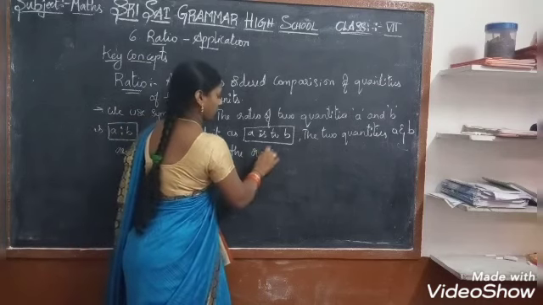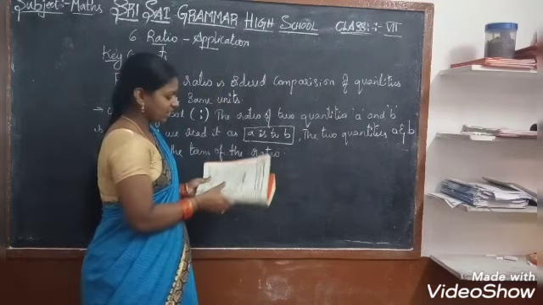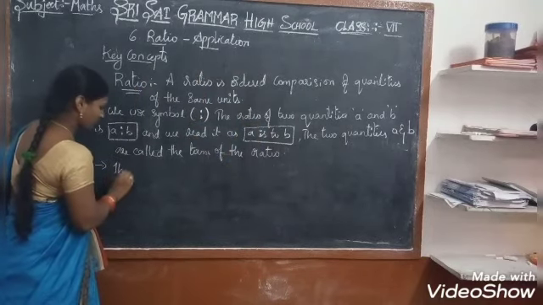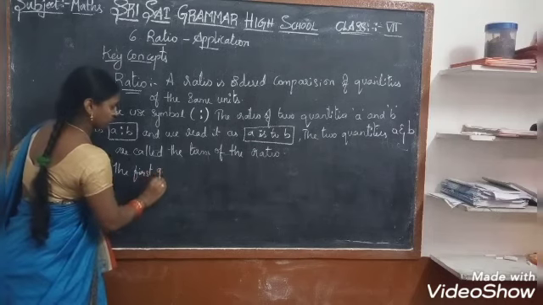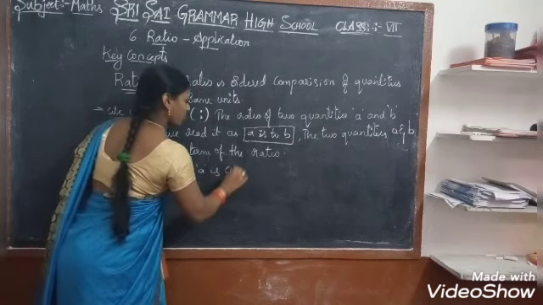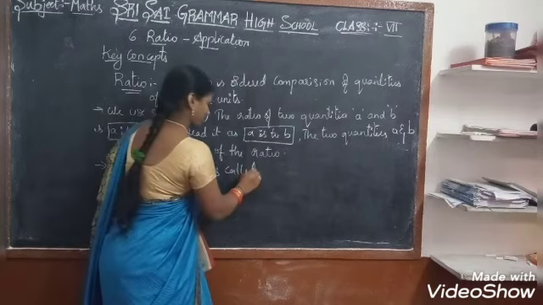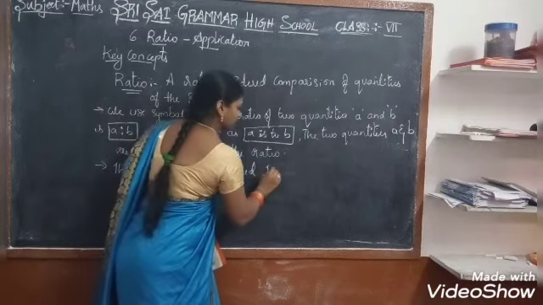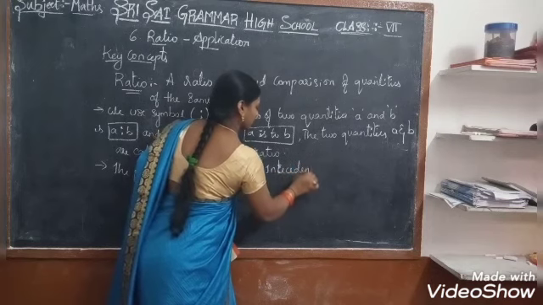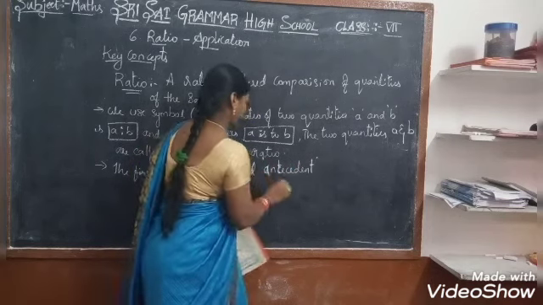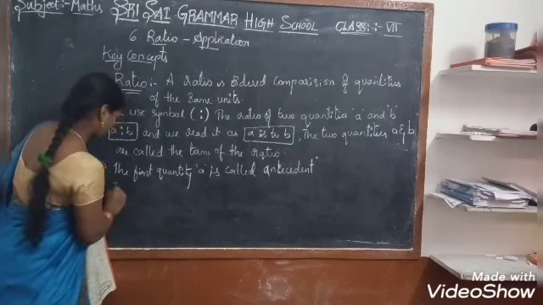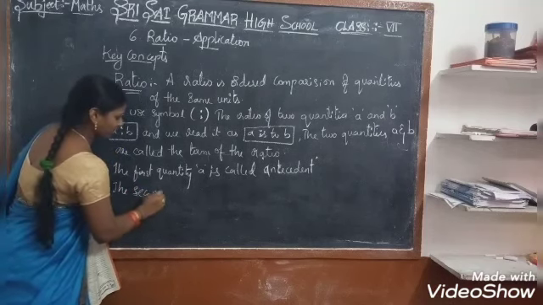Here, the first quantity A is called the antecedent.